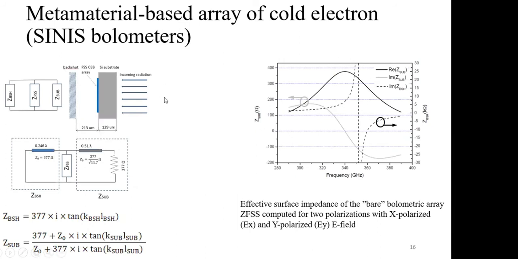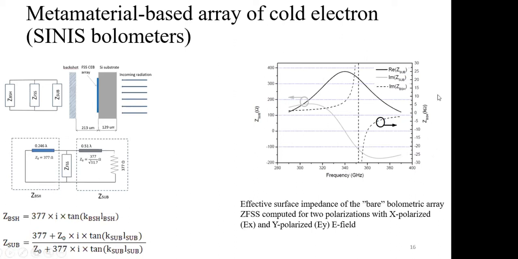Here you can see the radiation coming from the substrate side, and here we have a back short circuit boundary, and you can see the schematic as a transmission line. As a transmission line and equivalent circuit, here we could measure the impedance of the substrate and the impedance of the back short, and here we have the vacuum impedance, which is shorted by this back short boundary, and it is our frequency selective surface, which in a previous design I showed you, and it's asymmetric.